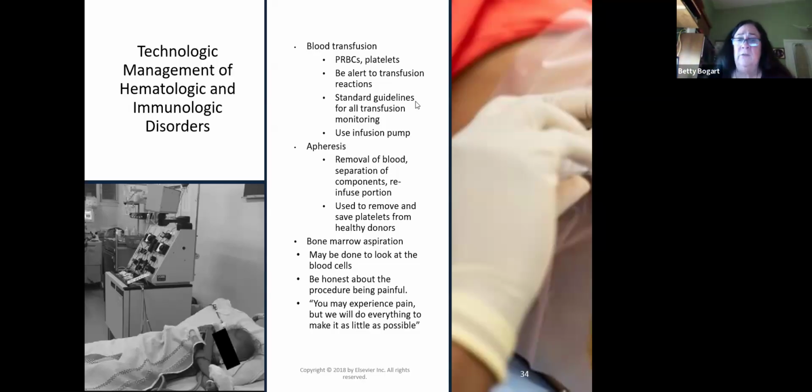These are the places that we would do this. Usually it's the hip bone on the kids. Again, we're going to give them sedation. Yes, they're going to have numbing stuff on top and they're going to do deep infiltration, but it's still going to hurt a little. You're going to hear me say it many times, but with children, if it's going to hurt, please be honest. Let them know, but also tell them you'll do everything possible to make it hurt as little as possible.